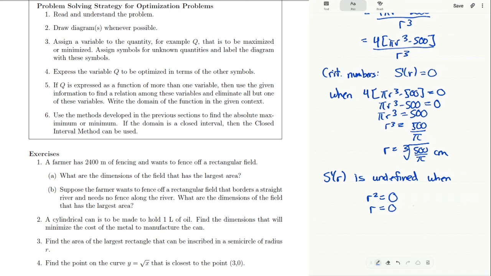Now 0 is not in the domain of S, and so we will not consider this to be a critical number. This tells us that the only critical number for this function occurs at the cube root of 500 over pi.